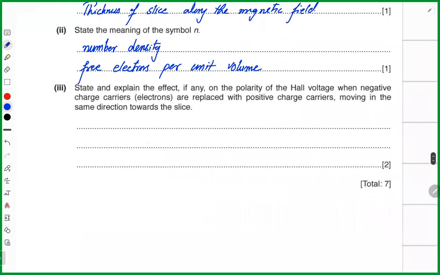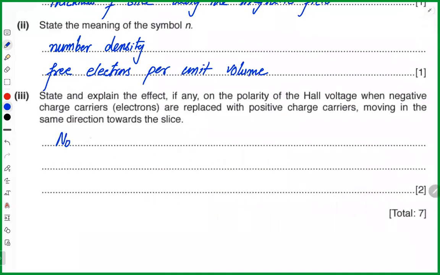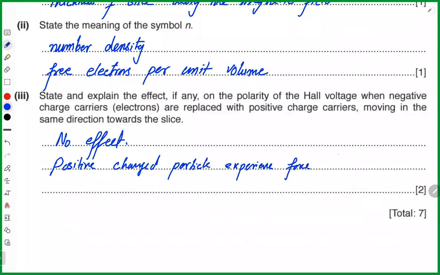State and explain the effect, if any, on the polarity of the Hall voltage when negative charge carriers are replaced with positive charge carriers moving in the same direction. No effect. Positive charged particles experience force in the opposite direction.